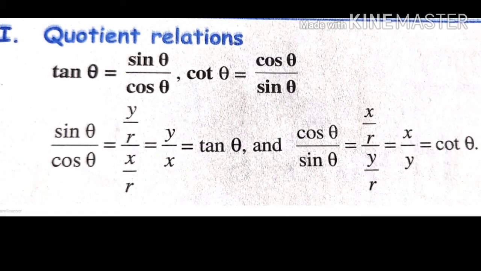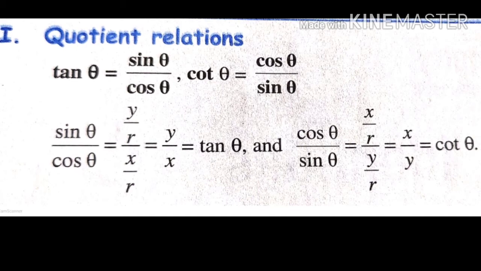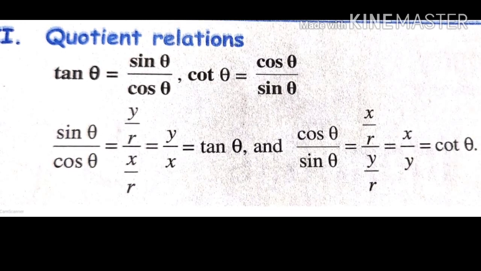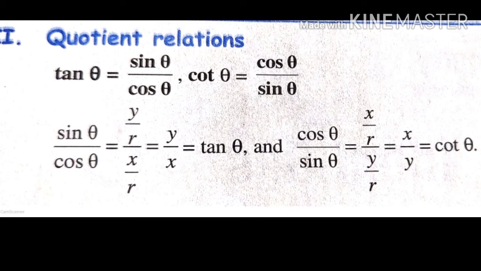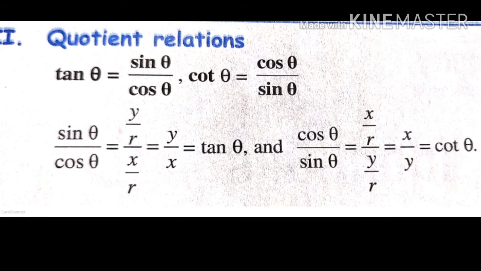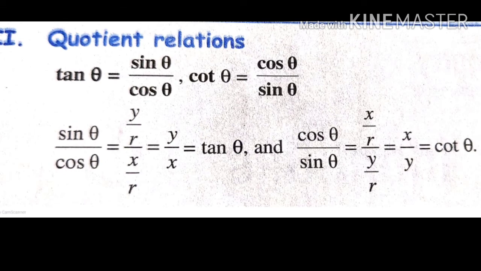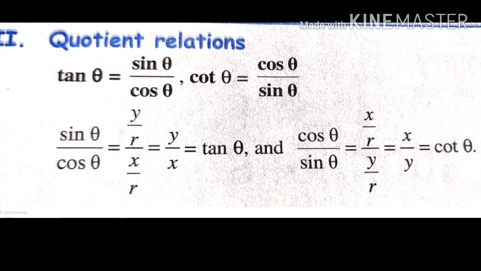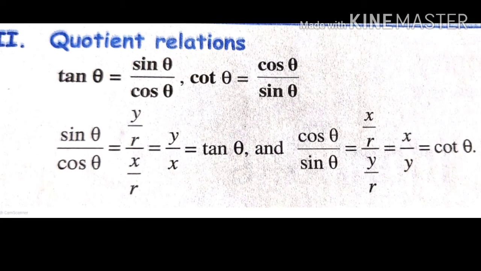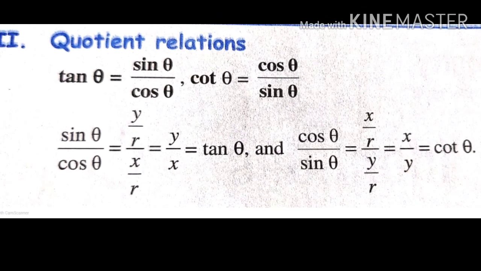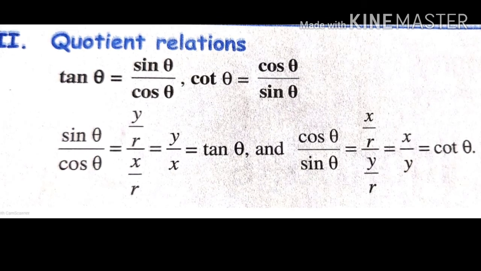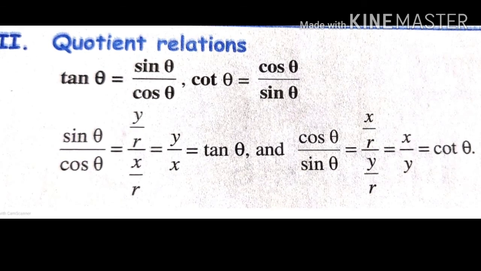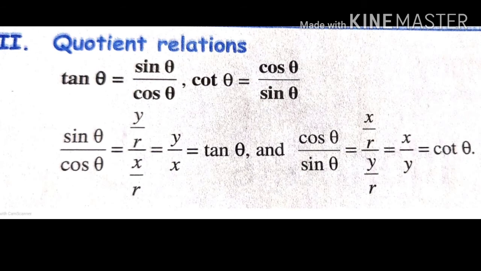Now the next is quotient relation, that is tan theta is equal to sin theta by cos theta. Now here at the downside you can see sin theta by cos theta. How do we get it? We have to place the values there. Sin theta ratio, you have to check our first page where I explained sin theta is equal to y by r, and place the value of cos theta as x by r.